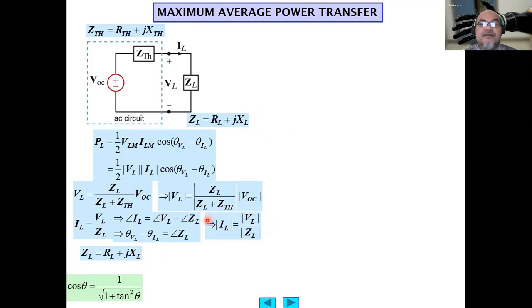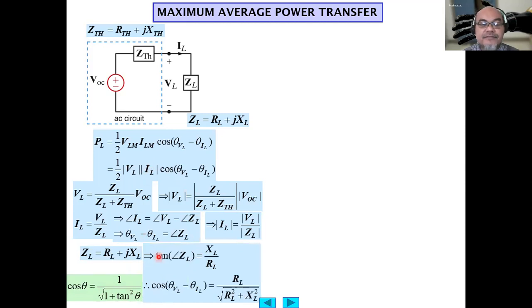The cosine of the phase angle equals 1 over the square root of 1 plus tangent squared theta, and the tangent of the phase angle of the load impedance equals the ratio of the load reactance to the load resistance.